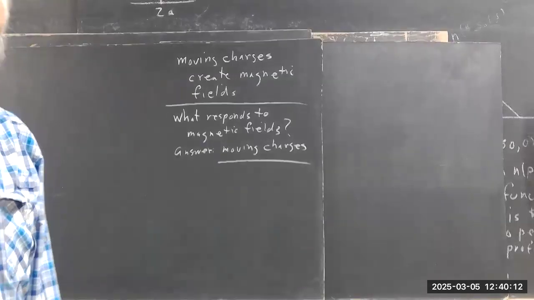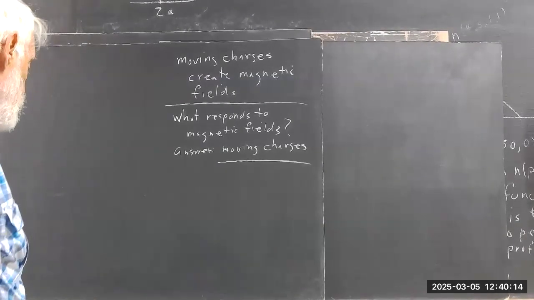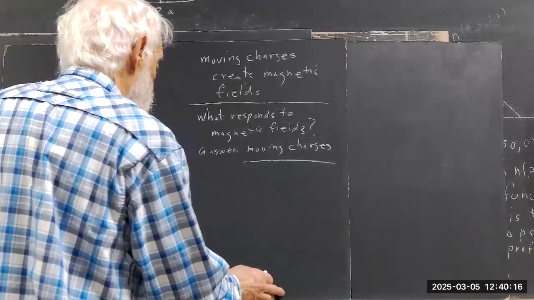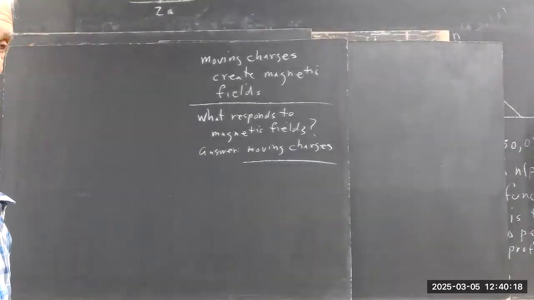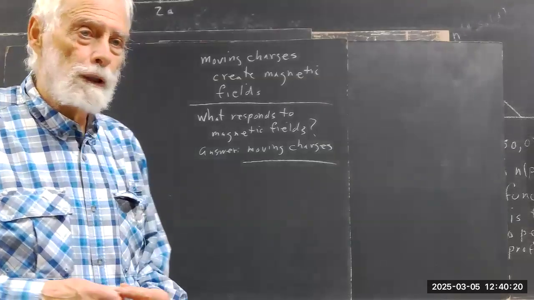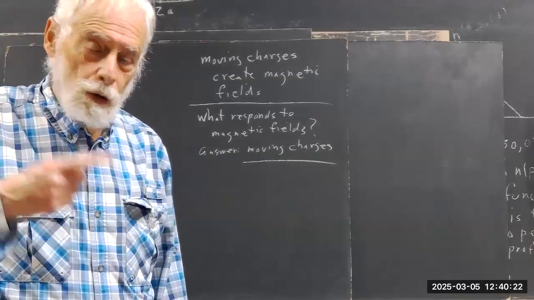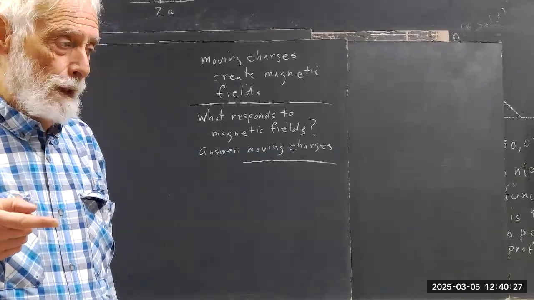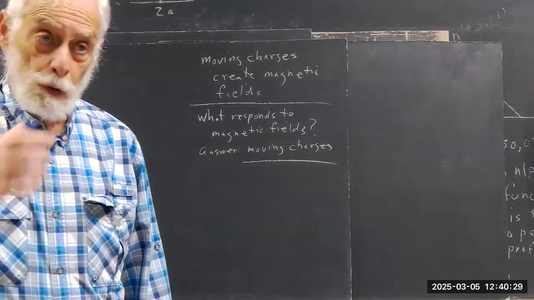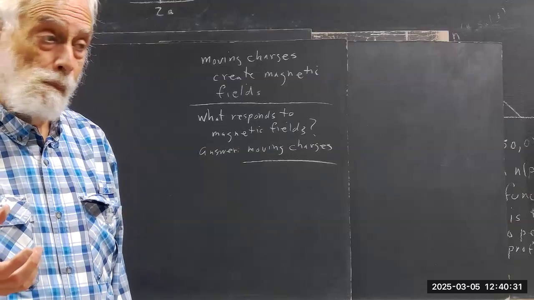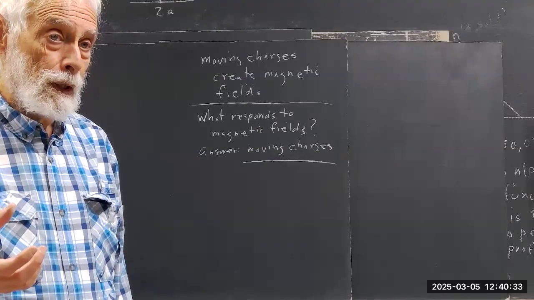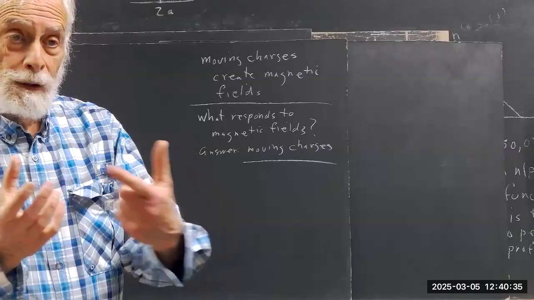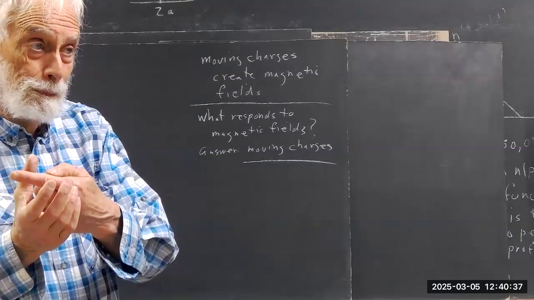Moving charges respond to magnetic fields. Now, a moving charge doesn't respond to its own magnetic field, but if you create a magnetic field in a loop of wire, as we've done, by running a current through the wire, then you get a magnetic field inside that loop.